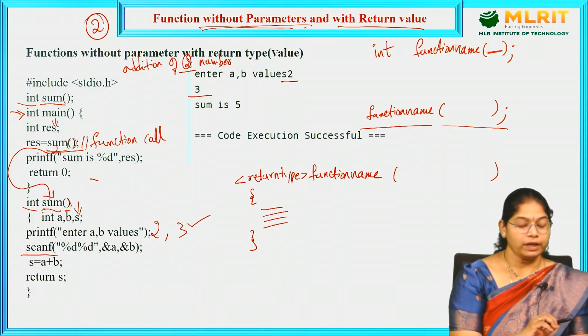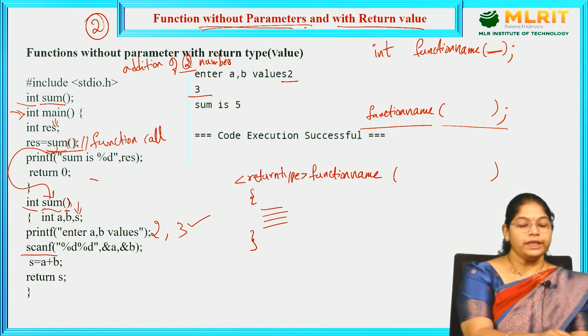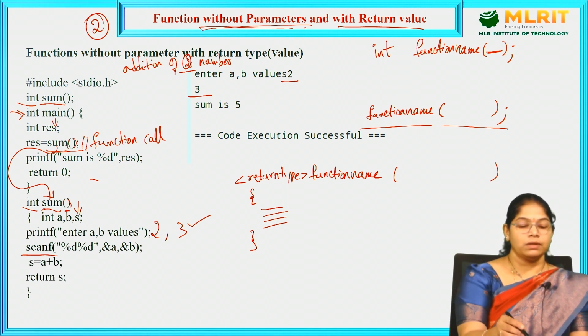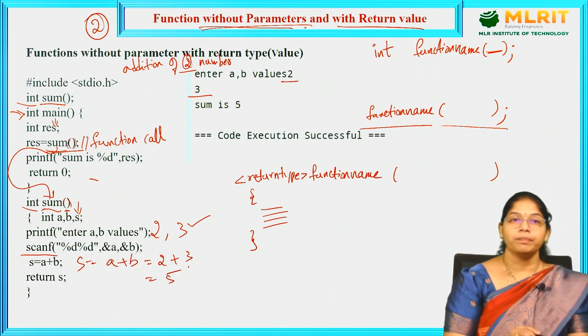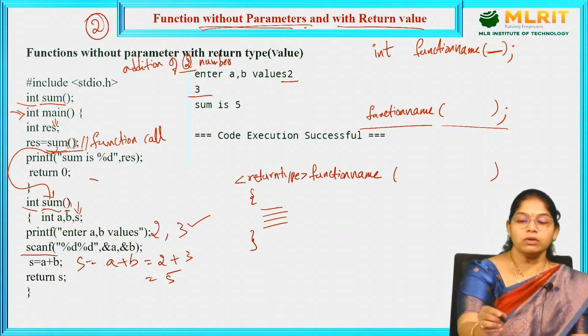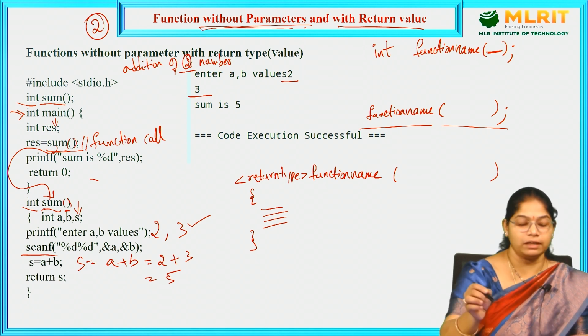So here we have entered the values 2 and 3. These are the inputs given by the user. Using the scanf function, we'll read the inputs provided by the user. So 2, 3, s is equal to a plus b, where a value is 2 and b value is 3. So it is 5. Then we have a return s, because we are writing this program with the return value.